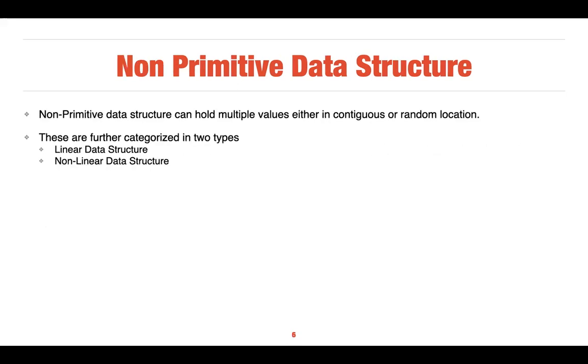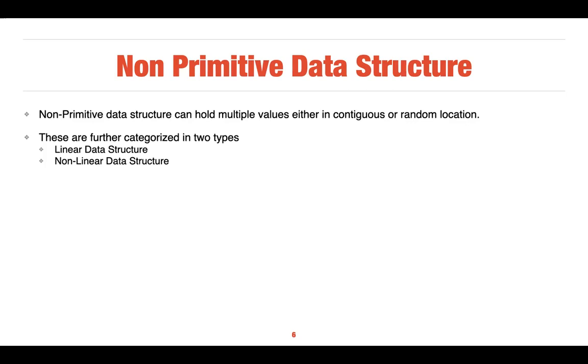Now we will talk about the non-primitive data structures. Because in the real world, when we work with computers, we cannot do only the holding and storing of a single data type and single data value. We need multiple values to store and process in the computer.